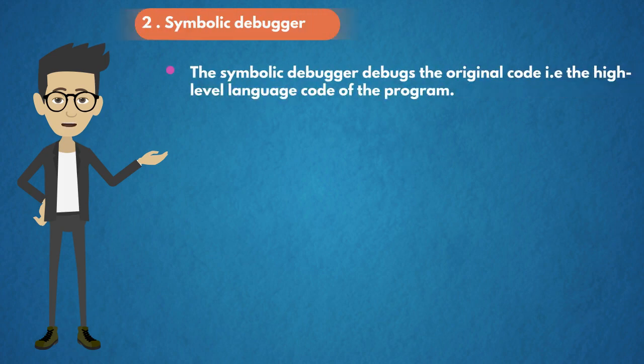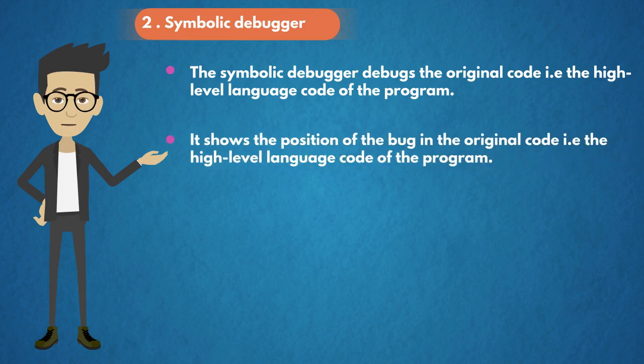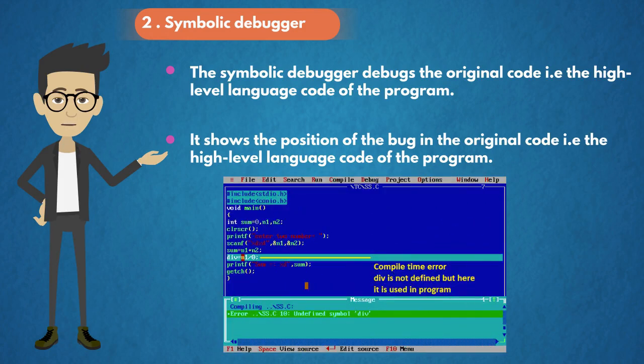The symbolic debugger debugs the original code, that is the high-level language code of the program. It shows the position of the bug in the original code. You can see a sample example for symbolic debugger. The high-level language code using a Turbo C compiler explains the symbolic debugger because it will identify the bug.